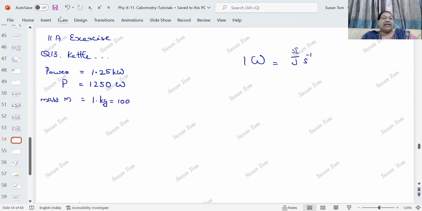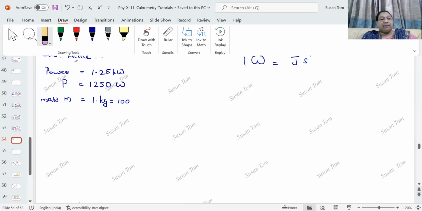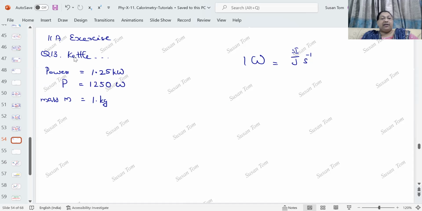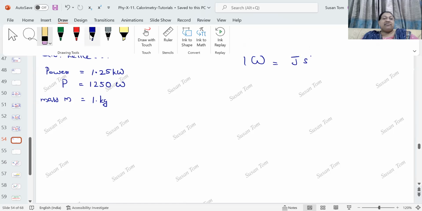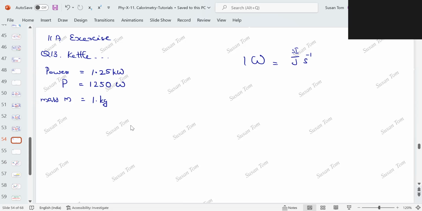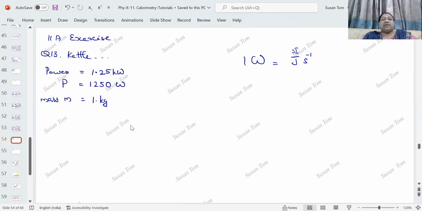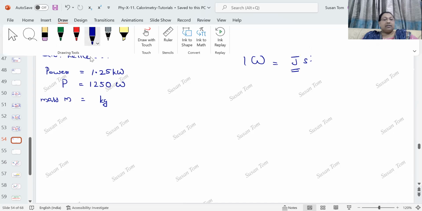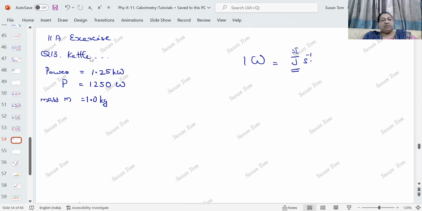So the mass has to be kept in kg only, and the specific heat capacity we have to take in the per kg format, joules per kg per Kelvin. You have to convert. We are going to keep everything in the SI system. So the 1 kg is 1.0 kg. It's the same thing.